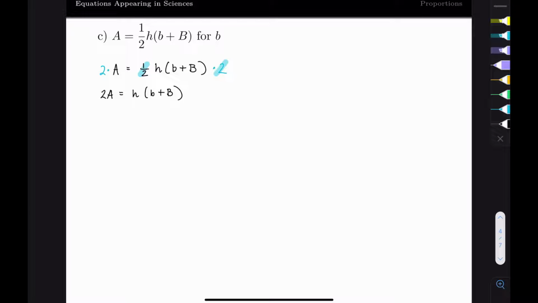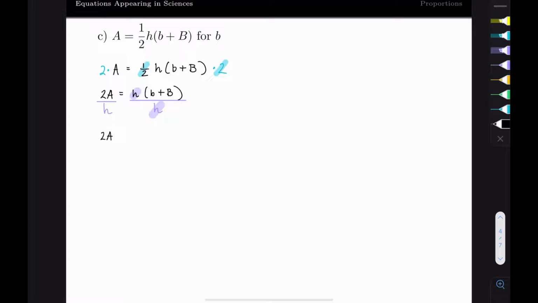You could at this point distribute the h out and then go ahead and solve for that. But I personally think now we need to get b on its own. So let's go ahead and divide by h. Those two cancel each other out.